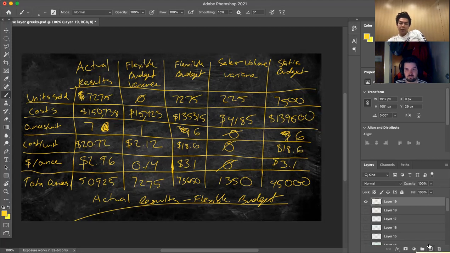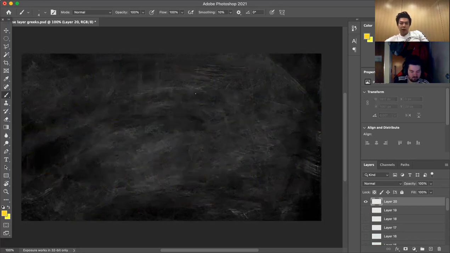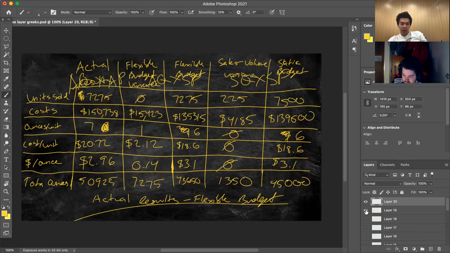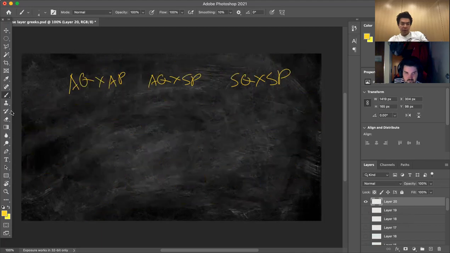And now we got to do the last part. Remember, we had to create this: AQ times AP, AQ times SP, SQ times SP. So then our AQ is going to be what?